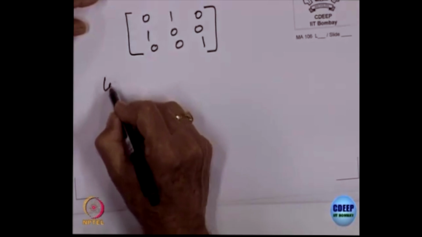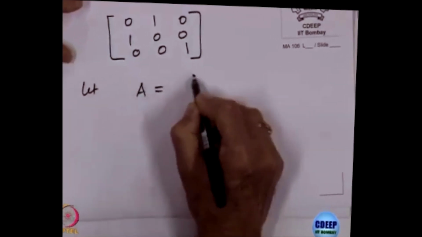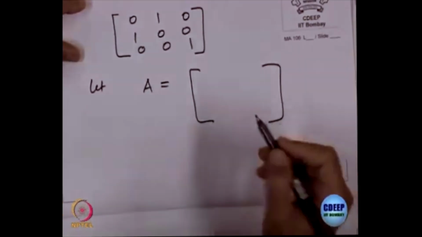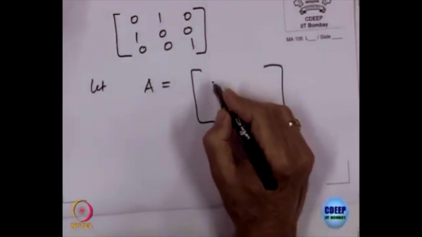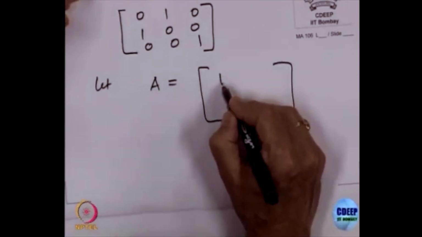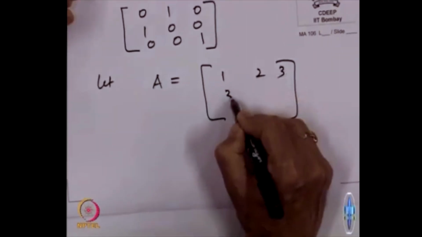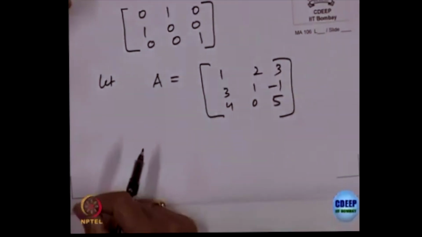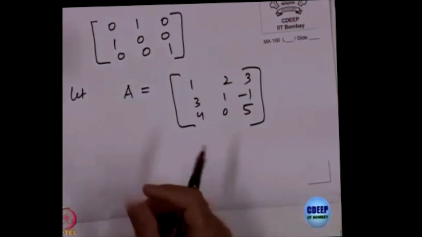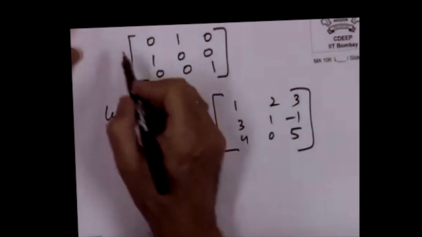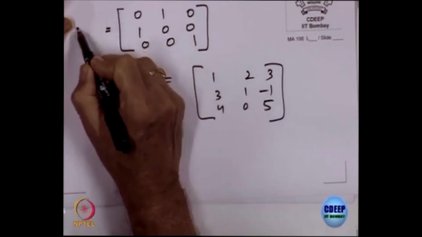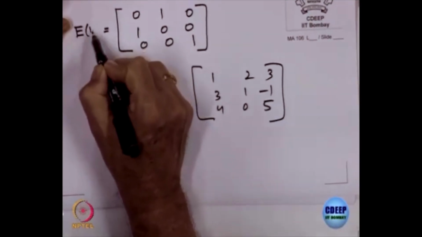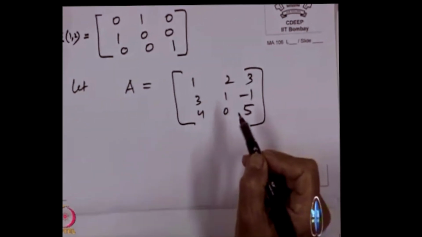Now, let us take some other matrix A, whatever you like. Let us take 1 2 3, 3 1 minus 1, 4 0 5, some arbitrary matrix. Let us call the matrix we got after interchanging E12.